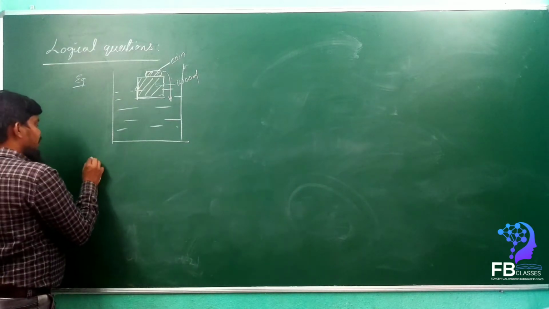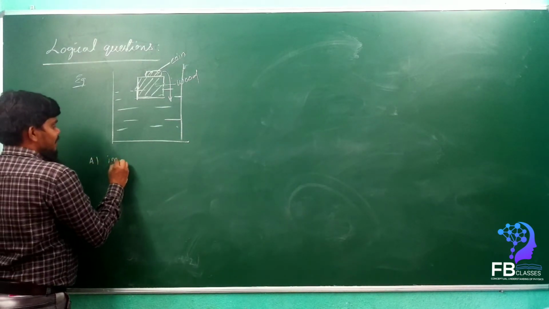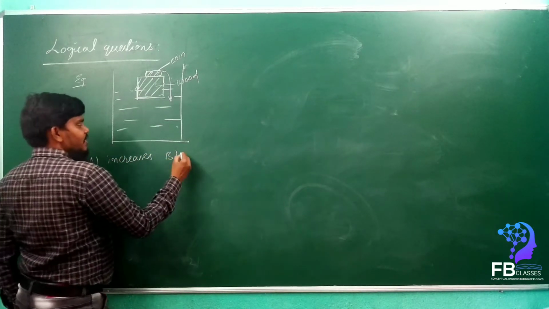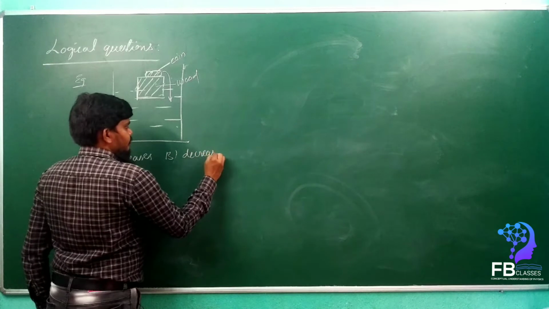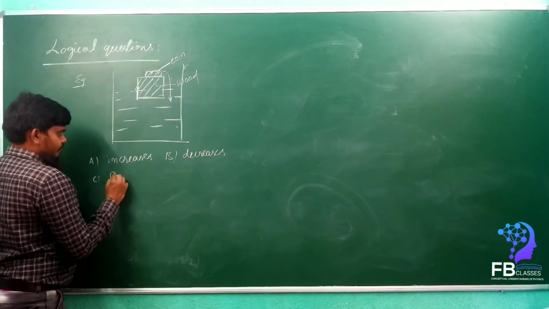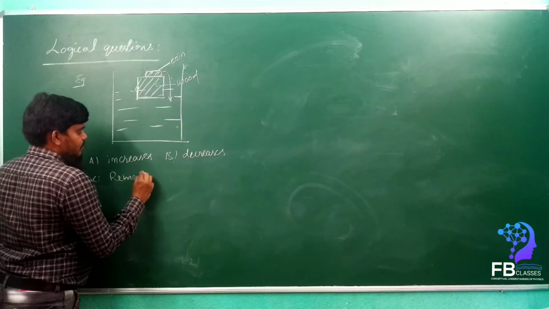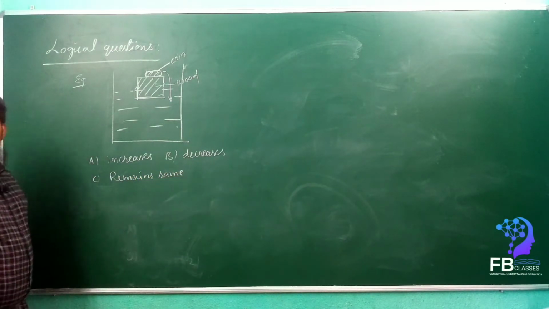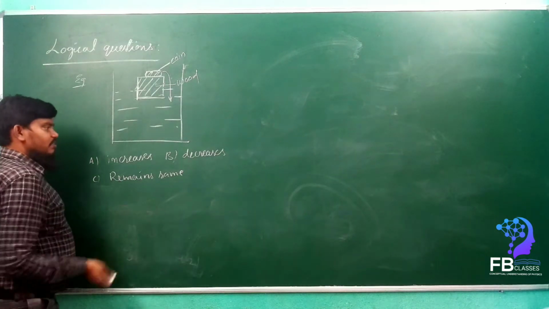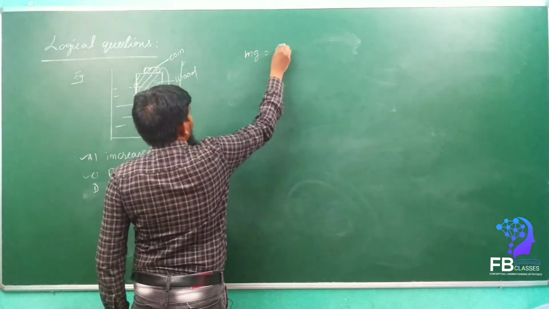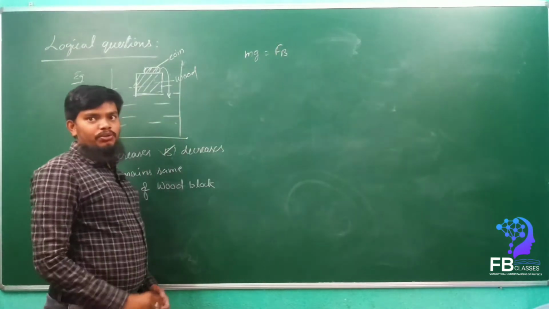So option A increases, B decreases, C remains same. Okay, if you want we can use mg is equal to Fb.